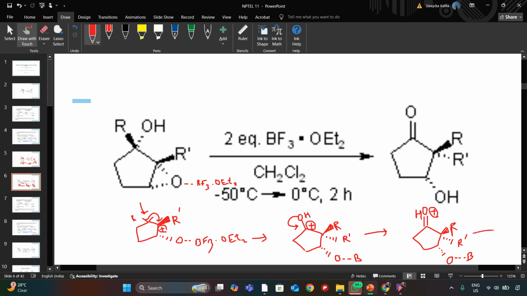Okay, so this oxonium is going to give us the final product after the deprotonation step.